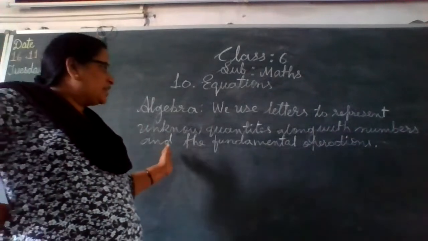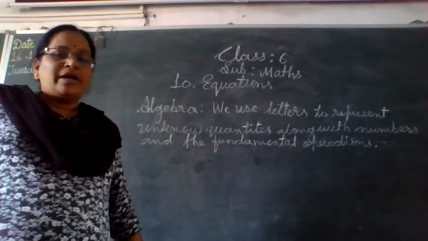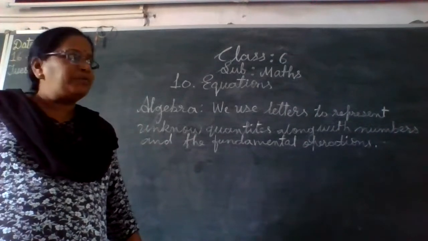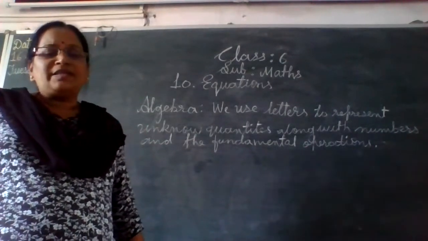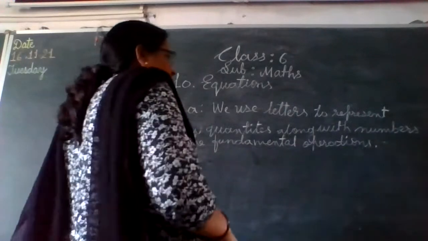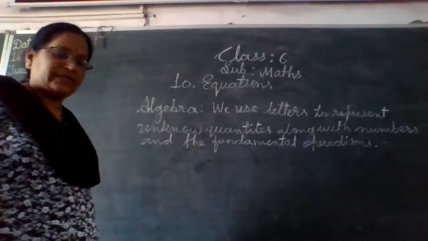Now the letters that we use are A, B, C up to Z. You can use any letters up to Z, and these letters are known as variables. They are also known as literals.